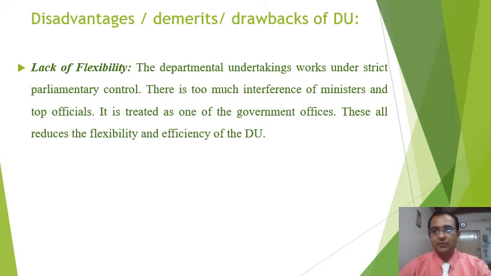Whenever a departmental undertaking wants to take any kind of vital decision, they are not able to take it. The reason behind it is that there is political interference in the functioning of departmental undertakings. All these factors reduce the flexibility as well as the efficiency of the departmental undertaking.